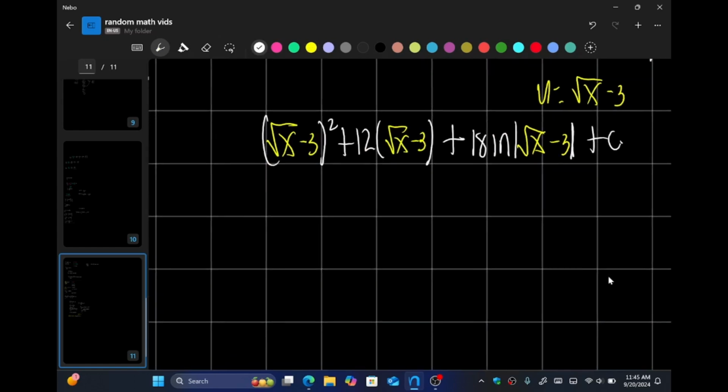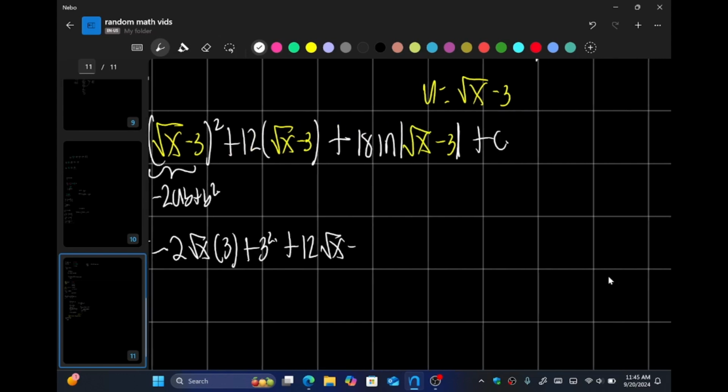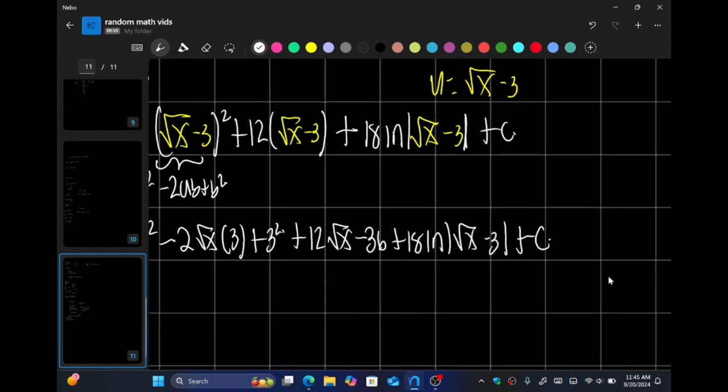So remember, we're going to use a minus b squared equals a squared minus 2ab plus b squared. So it's going to be the square root of x squared, minus 2 square root x times 3, plus 3 squared, plus 12 square root x minus 36, plus 18 natural log of absolute value of square root of x minus 3, plus constant of integration c.